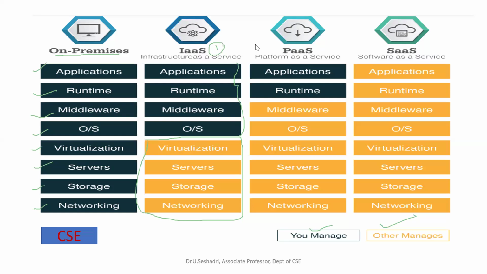second type of the cloud delivery model, platform as a service. See, I mentioned the color is up to this one. Who has to manage? The others has to manage. Others is nothing but we, the providers, providing the service, they have to manage it. Only you will take care of the runtime and the applications.